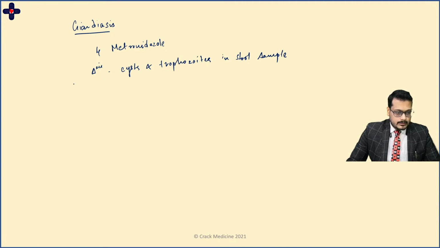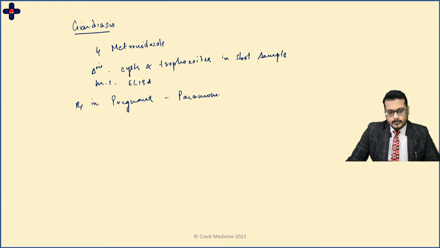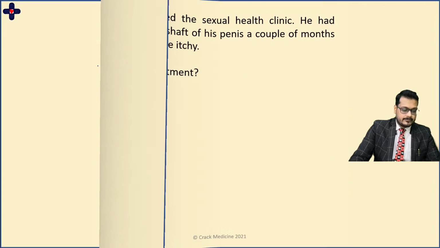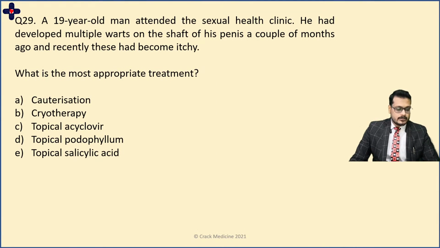Okay, and most sensitive for this is ELISA, and the treatment is metronidazole, like I said, but the treatment in cases of a pregnant patient will be paromomycin. Okay, so we have reached the penultimate question of the evening.